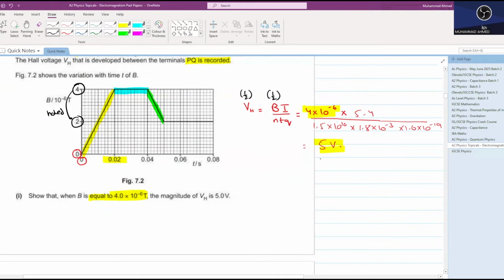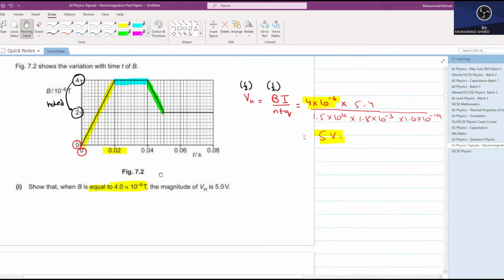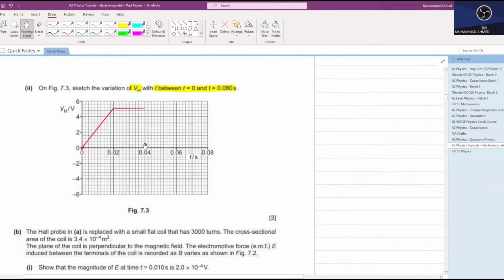It will halve as well. So from 5, it will drop down to 2.5. From 0.04 till 0.05, your Hall voltage will come somewhere here, 2.5. Let's draw a line here, something like this.